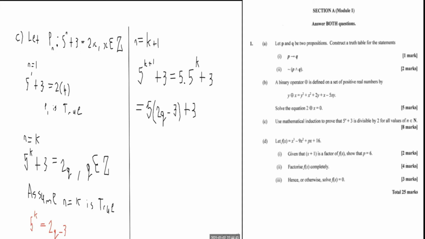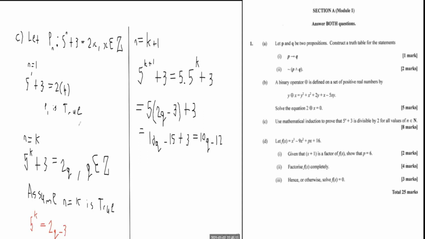After you do this, you just expand through this bracket, and what you're getting is 5 times 2q is 10q, minus 5 times 3 is 15, plus 3. And so what this works out to be is 10q minus 12.